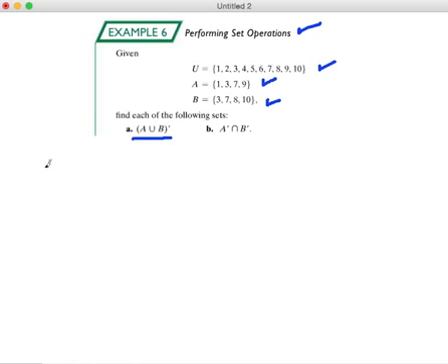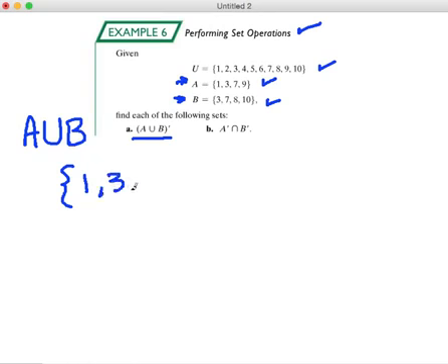Notice we have to do the inside parentheses first. So the inside is A union B. We look at A right here and we look at B. Here's the way I would do that. Looking at A, I've got a 1 and a 3, a 7 and a 9.